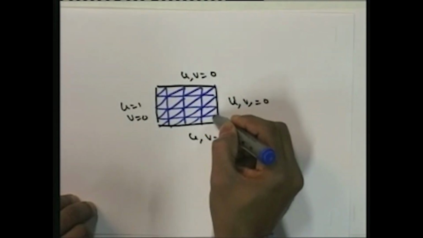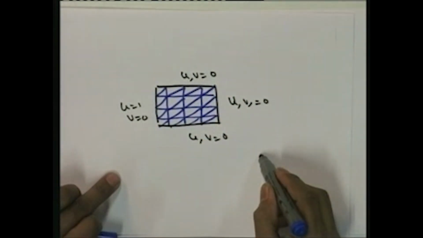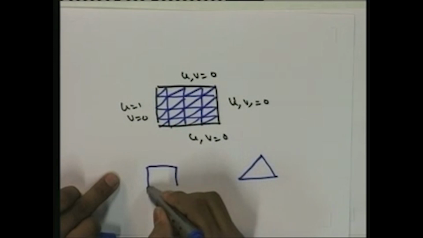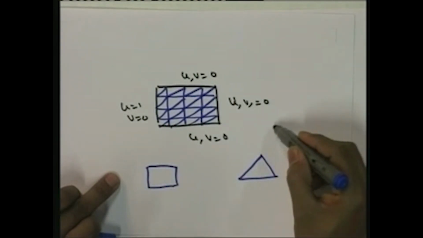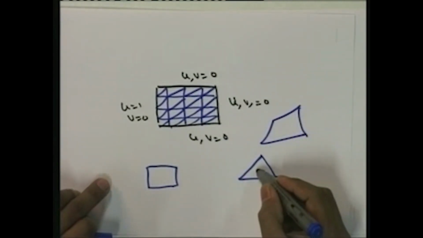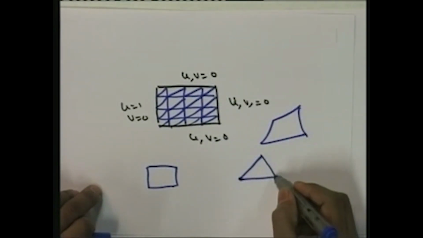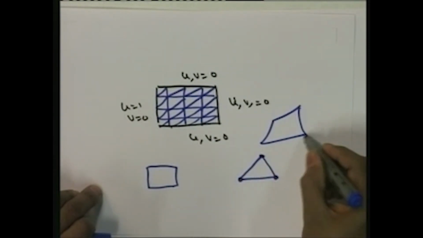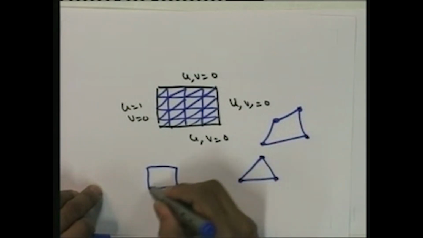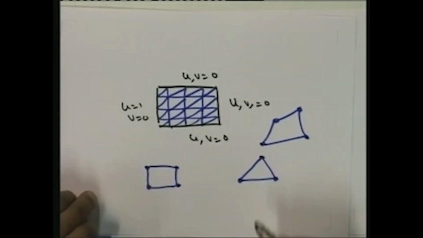We can have different kinds of elements, like triangles, rectangles or squares, or quadrilaterals like this. Each one is called an element, and we define nodes here. So these are called nodes, and various shapes of elements are possible.